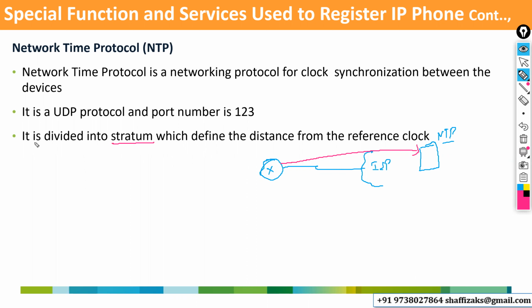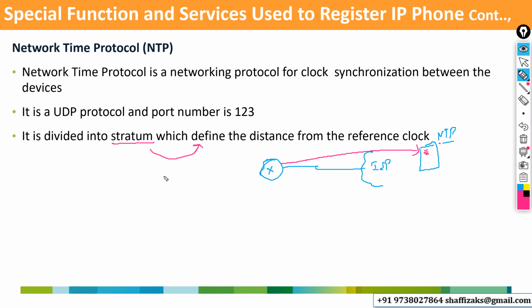Stratum defines the distance from the reference clock, for the device you are trying to synchronize. We have industry standard public NTP servers. You can register all your devices to that NTP server, so that whatever date and time we have there, we get to this router here. So this is called stratum here.